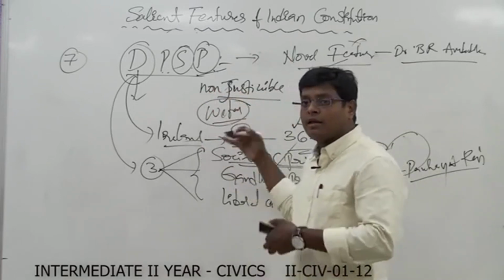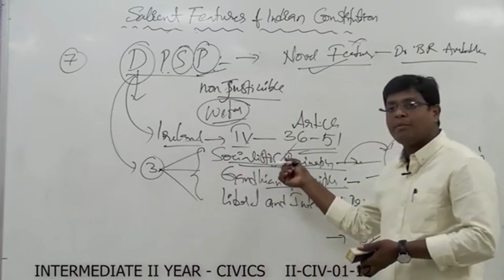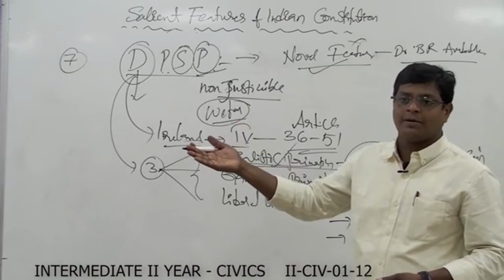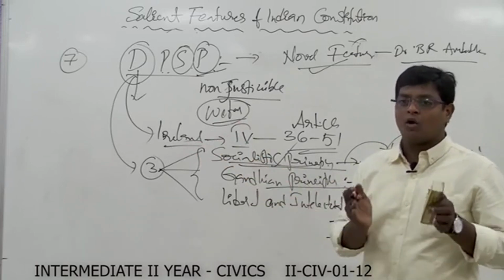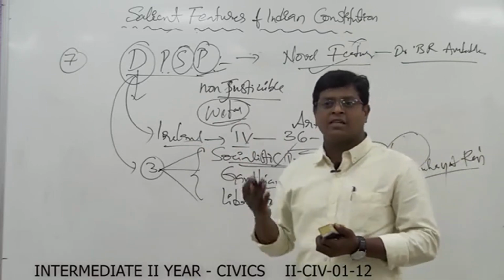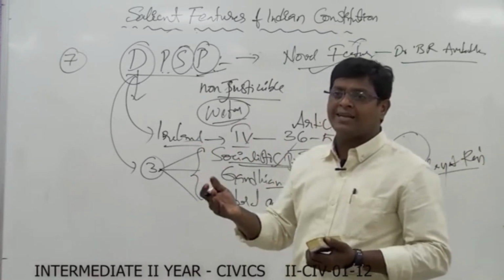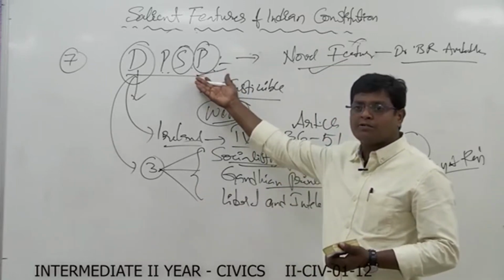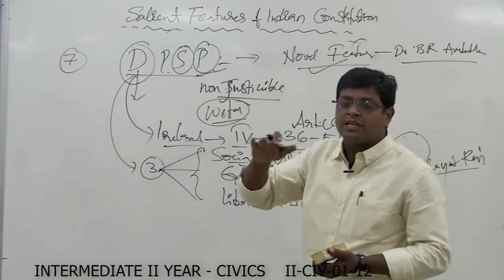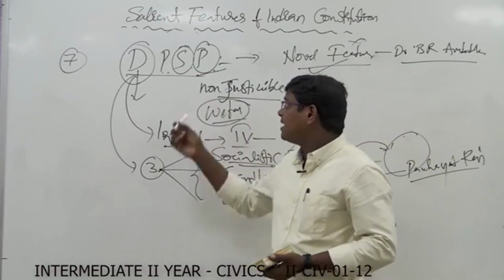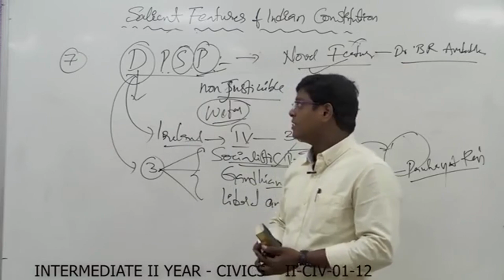Because if the government does not implement the directive principles, we are unable to approach the judiciary, as they are non-justiciable. Whereas in the Minerva Mills case 1980, the Supreme Court of India described both the fundamental rights and the directive principles of state policy as treated with equal weightage. So this is about the salient features of directive principles of state policy.